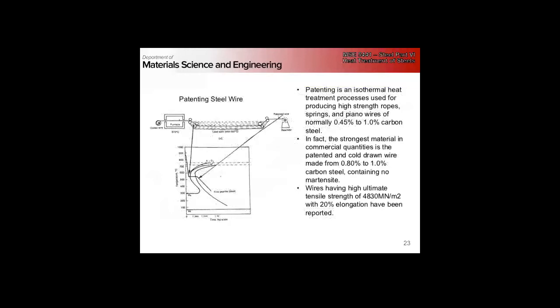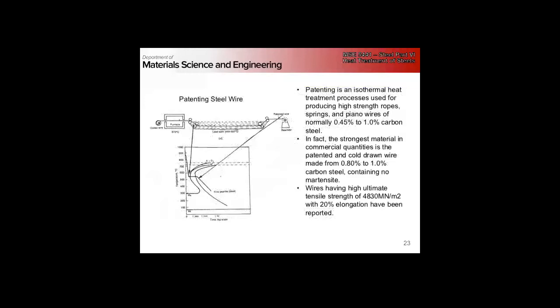So the idea here is, remember, the further forward you are, now we've got lots of nucleation of pearlite. So we end up with a very fine pearlite structure, right?